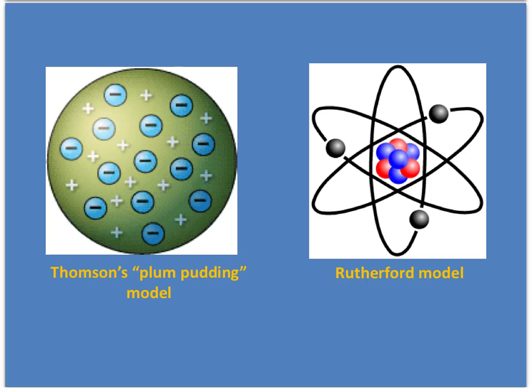He described it something like a plum pudding, or a chocolate chip cookie. Whereas the Rutherford model stated that we have a dense positive region, the nucleus, and electrons orbiting the nucleus.